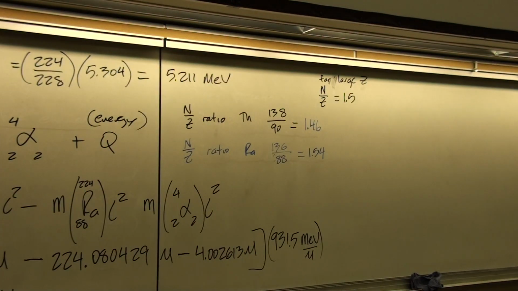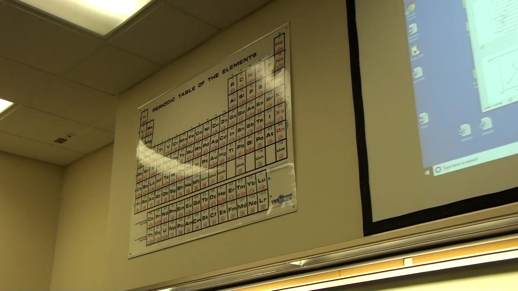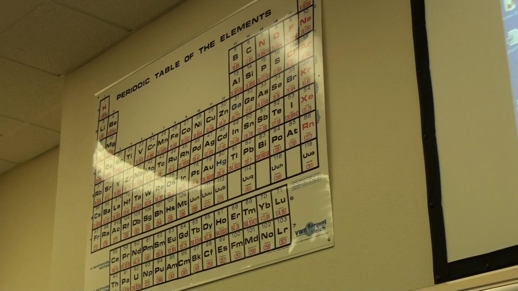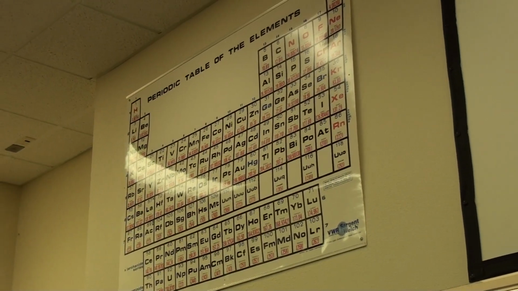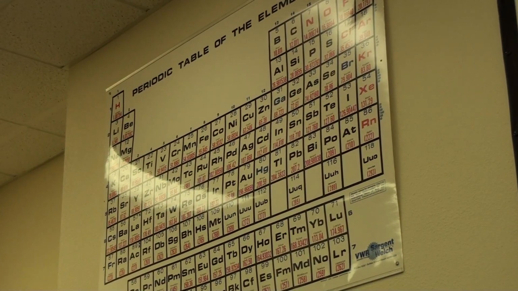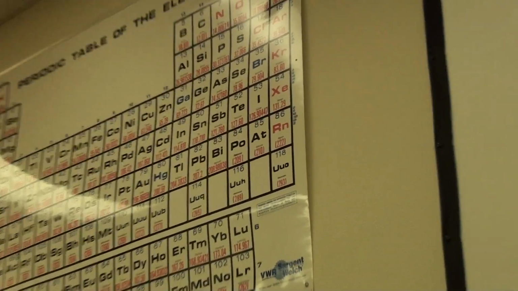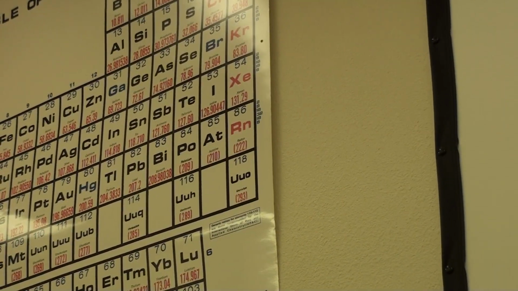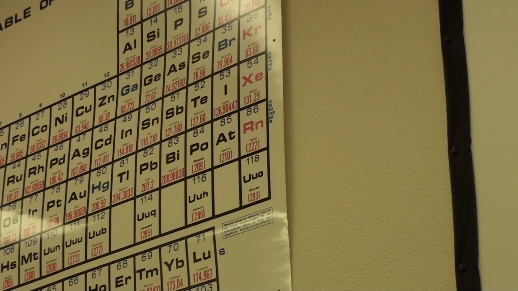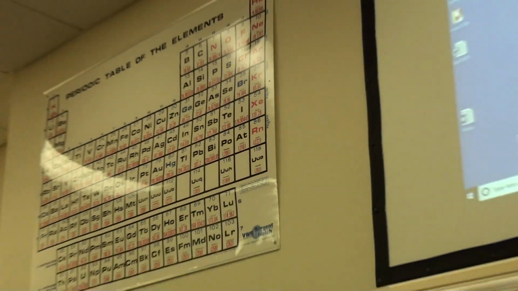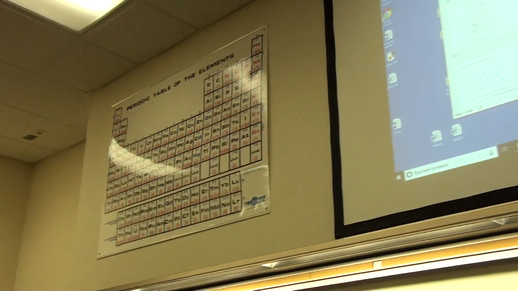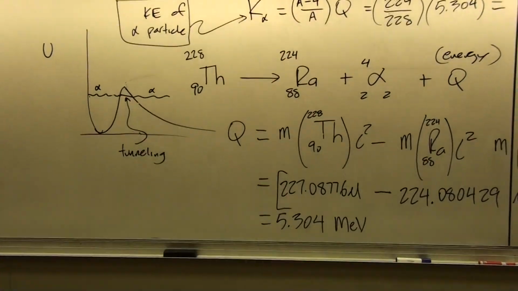So what would radium tend to decay into? Well, radium, if it has another alpha decay, will decay into element number 86, which is radon. And so we're part of a natural decay radioactive sequence in which in this case, the alpha decay is adjusting the neutron to proton ratio to optimize that ratio.